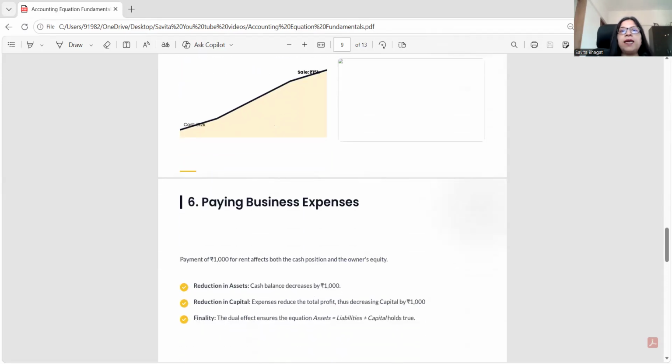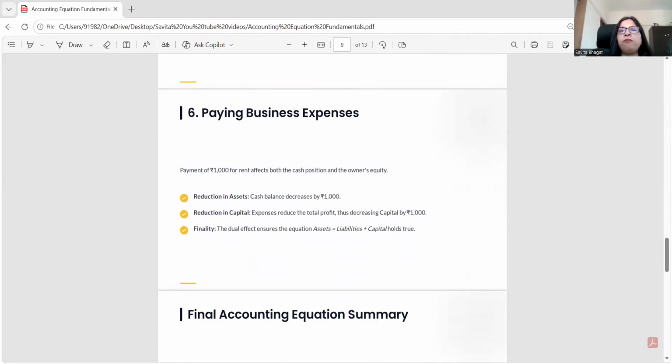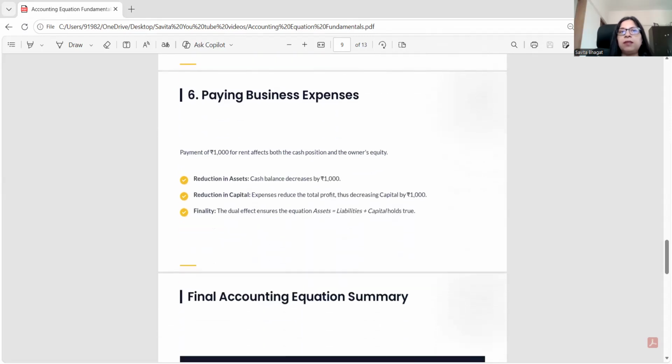Now let's understand another example, paying business expenses. Let's say he pays 1,000 rupees for rent, which affects the cash position and the owner's equity both. When you pay your expenses, you will pay through cash, so your cash balance would decrease by 1,000 rupees.